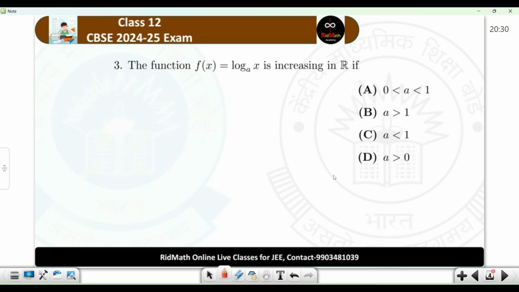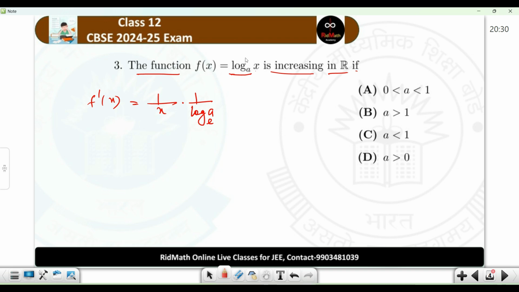Next problem. The function f(x) equals log x to the base a is increasing in R if a is less than 1, greater than 1, greater than 0, or from 0 to 1. So we can use the application of derivatives. So what is f dash x? f dash x is 1 by x into 1 by log a to the base e.